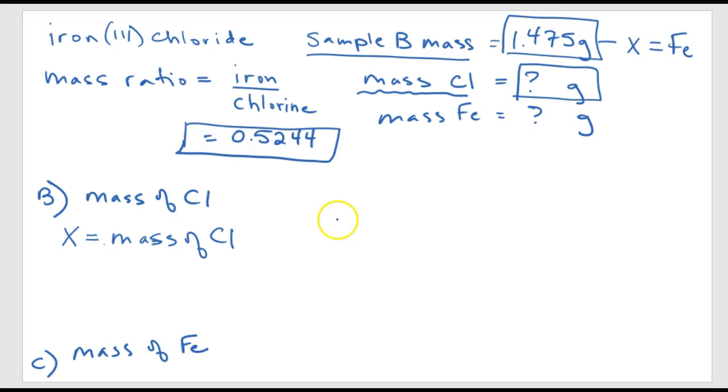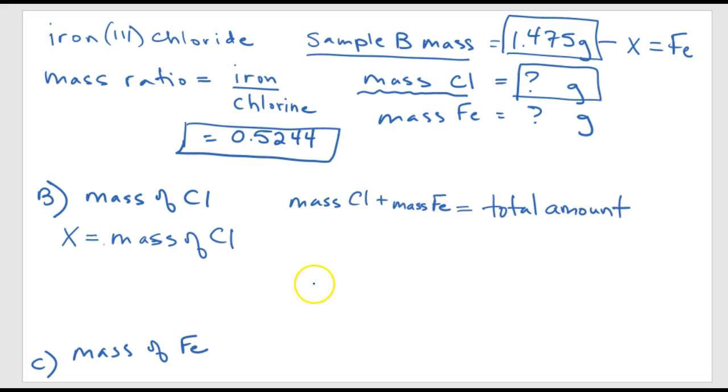So if we know that the total amount of our sample B is equal to 1.475 grams, we know that that has to be the mass of our chlorine plus the mass of our iron.